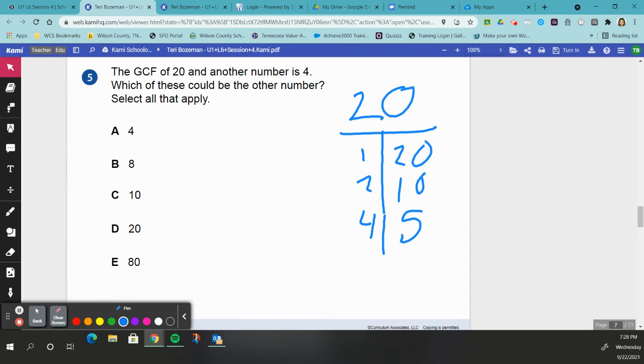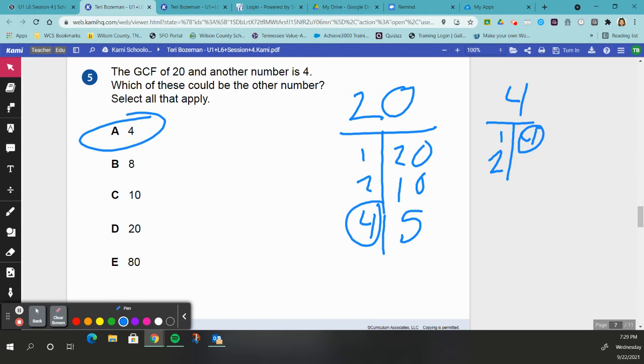Well, 4 would share a factor, right? So we need to check it out and see if 4 is the greatest common factor between 4 and 20. So if we had our factors of 4, 1 and 4, 2 and 2. So the greatest common factor there would be 4. So that's one of our answers.